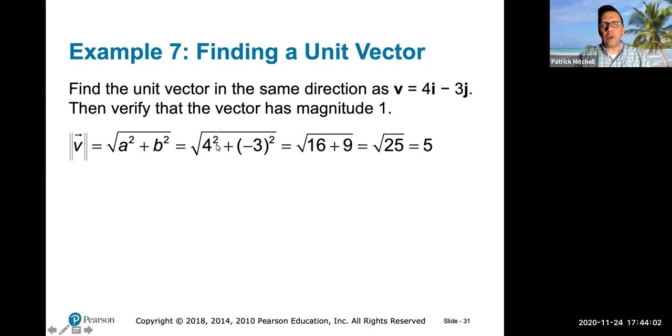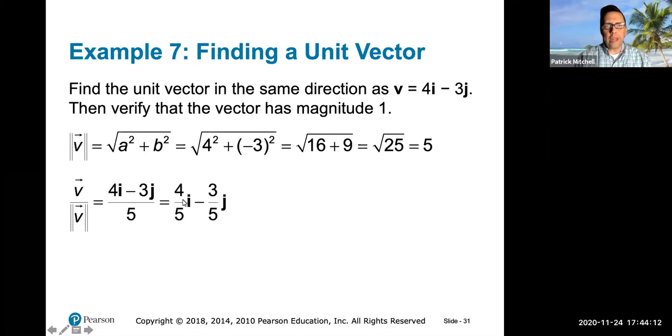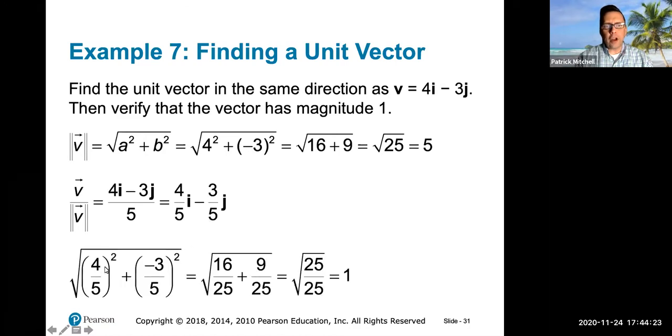The square root of 4 squared plus the square of -3 comes out to 5. So when we divide this vector by 5, we get 4/5 i minus 3/5 j. And now we're supposed to find the magnitude of that vector, verify that it's 1. The square root of 4/5 squared plus -3/5 squared is the square root of 16/25 plus 9/25, which does come out to 1.